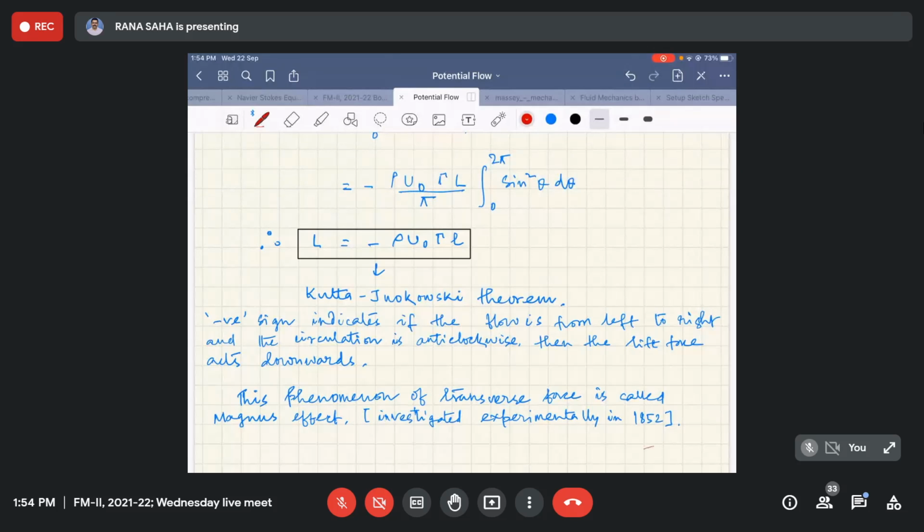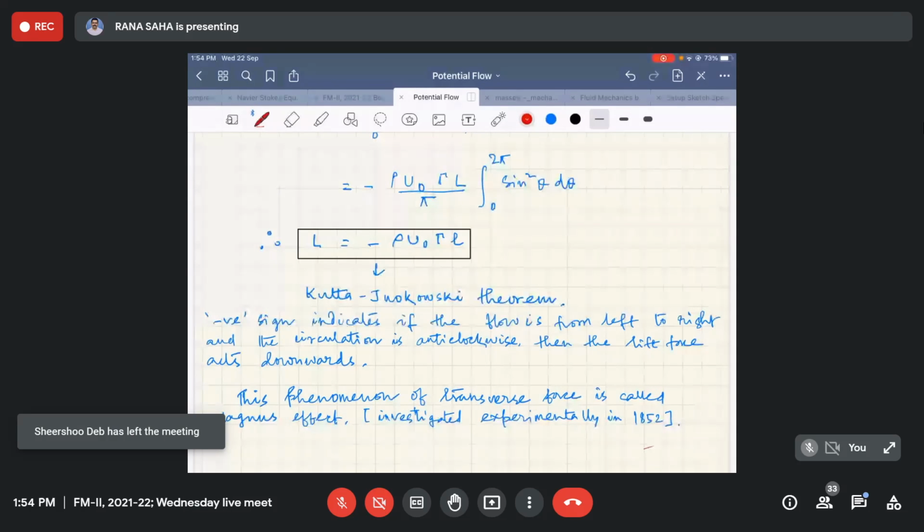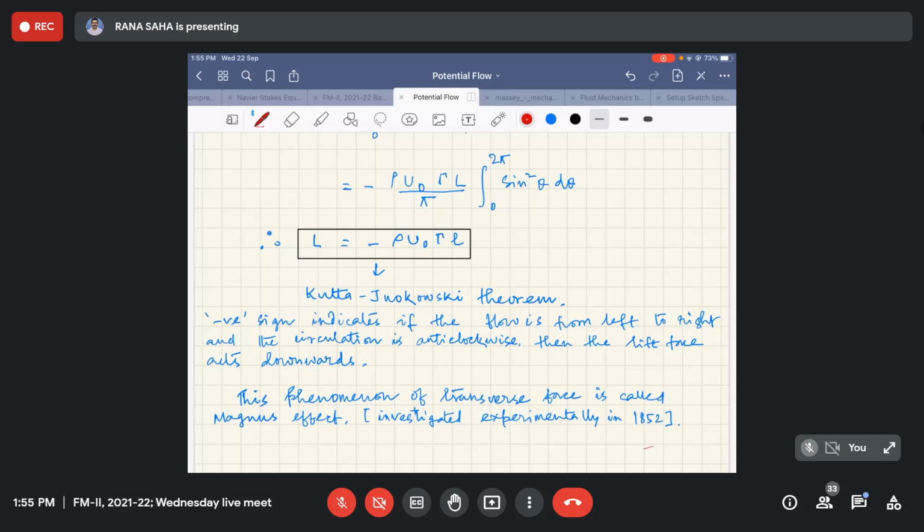I think all of us have seen that, and also in the trajectory of a football, when a free kick is being taken, this movement of the ball is due to some kind of transverse force. Otherwise, it should move absolutely straight.